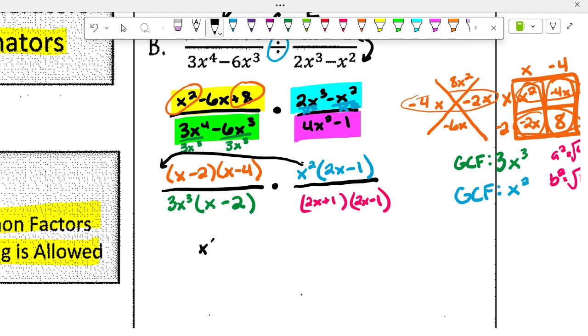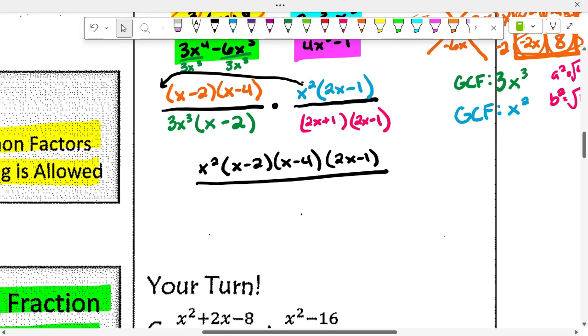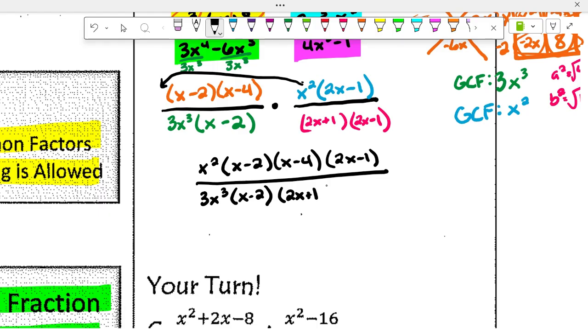So I have x squared times x minus 2 times x minus 4 times 2x minus 1, all over 3x cubed times x minus 2 times 2x plus 1 times 2x minus 1.